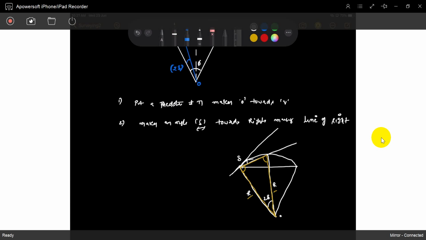This line is a tangent at this point, so this total is 90.